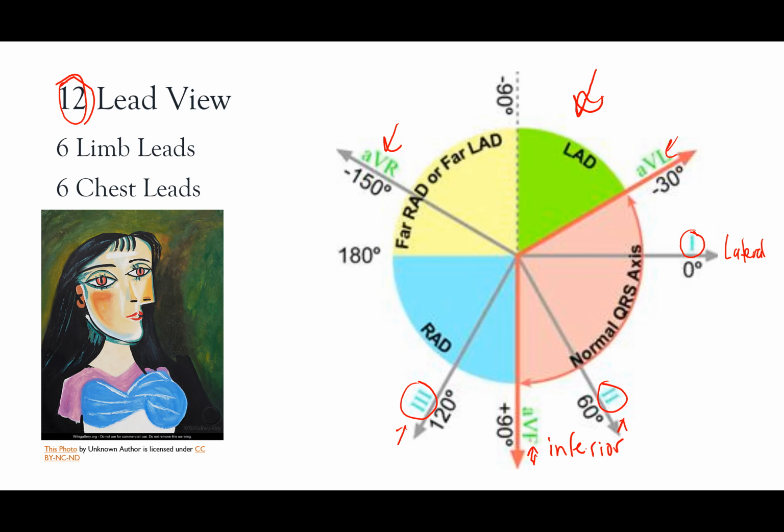You can see that AVL is also kind of a lateral lead. It's showing you what's going on the left side of the chest. And you can see AVF would also be an inferior lead. AVR is kind of strange. It's kind of giving you a superior and right-sided view of the heart, which is not as clinically useful. And so most of the time, at least in our simplified approach, we're going to largely ignore lead AVR.